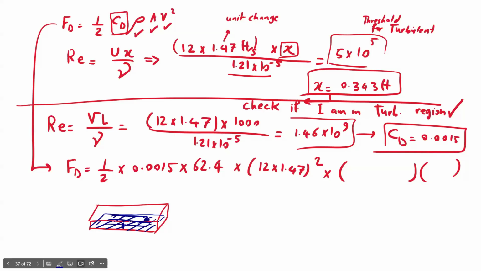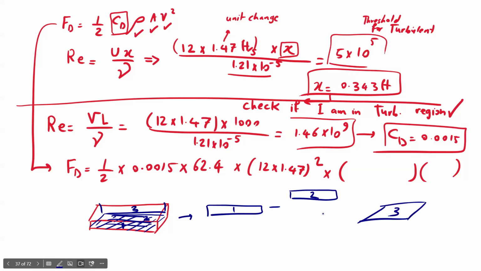So this is number 2. And you have the same here as well, which is number 3. So you have 3 surfaces that drag goes through: 1, 2, and the bottom one, which is the third one. So you should consider all of them.